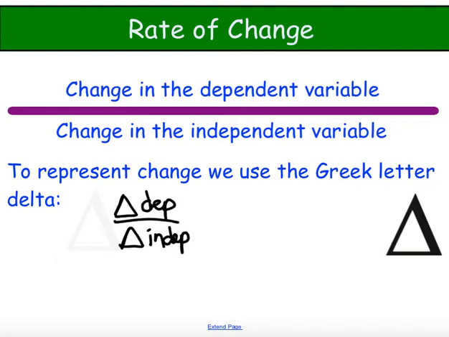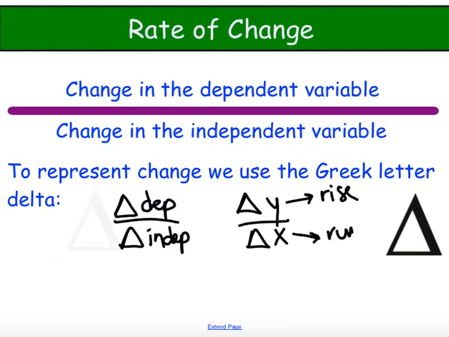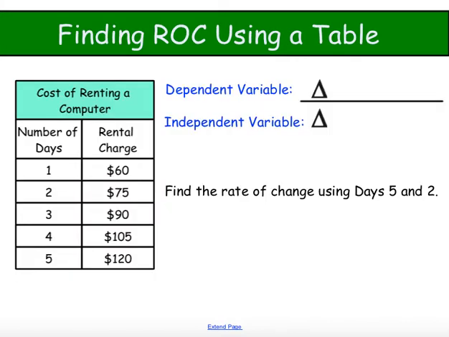And if we're going to think about this in our x and y's, really we're just saying the change in our y over the change in x, which really, the change in y, that's just the rise. And the change in x, that's just the run. Okay, so we're really just using the same idea as rise over run with our slope to figure out the change, the rate of change.